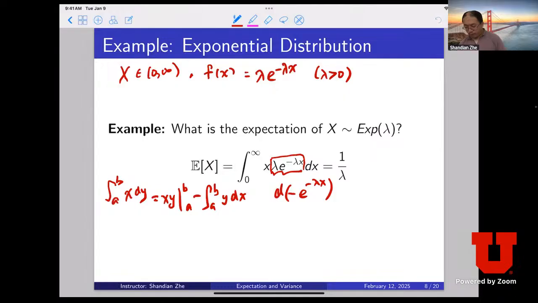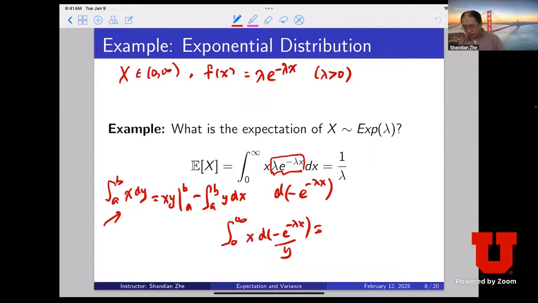So now we can write this integral as the integral from 0 to infinity of x times d of minus e to the minus lambda x. Look at the formula here, we just apply that. This part is y, so we do xy evaluated at b and a and subtract.